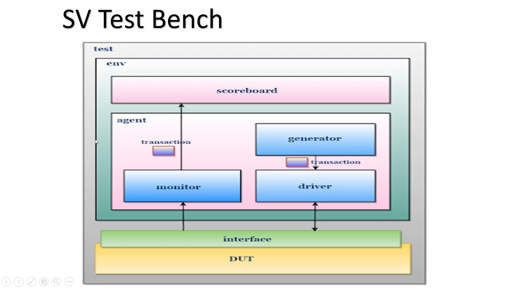And this is my SV test bench. It consists of the test environment, scoreboard, and after that the generator, monitor, and driver, which is connected through the interface to the DUT. This is the test bench we discussed in SV.